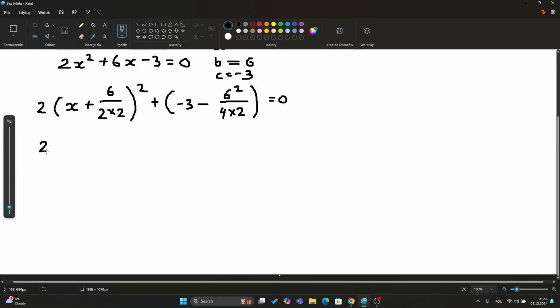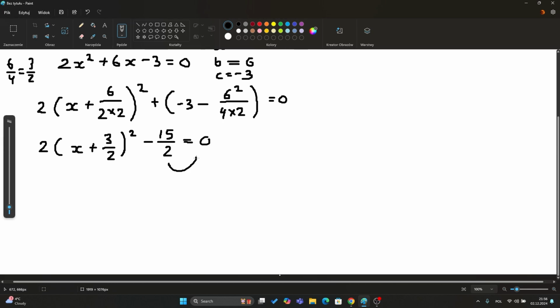So that is 2 times x plus 6 over 4, and 6 over 4 is the same as 3 over 2. So that is 3 over 2 squared. Working this out with the calculator, minus 3 minus 36 over 8 is minus 15 over 2.